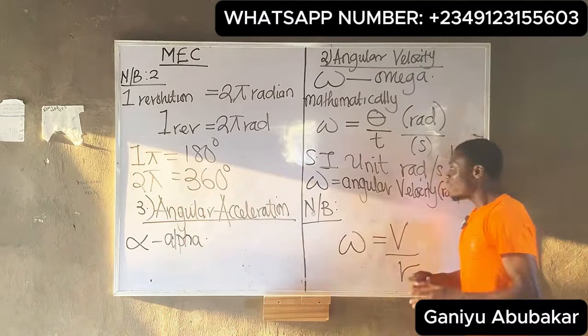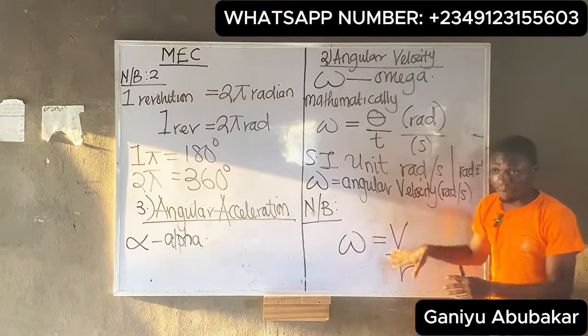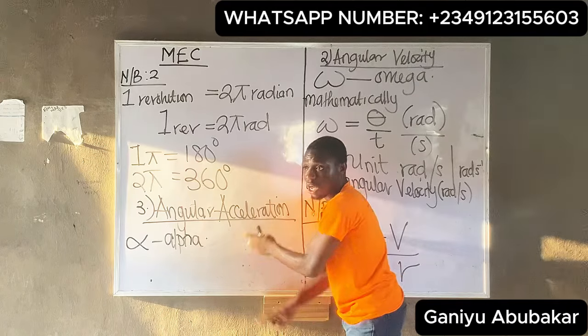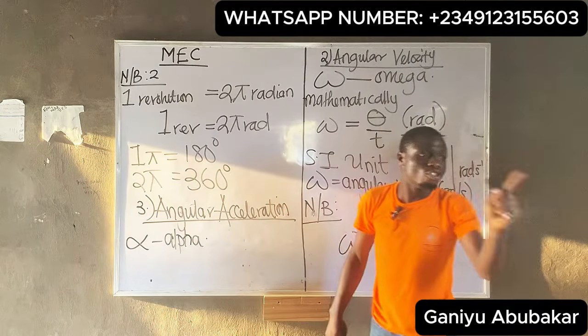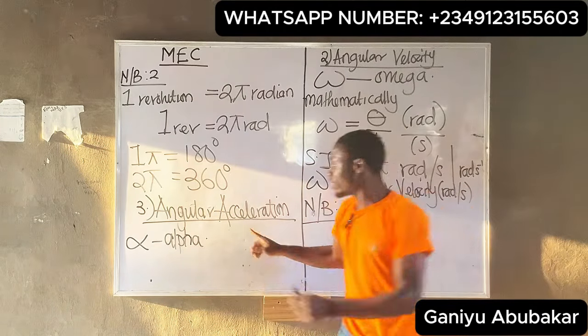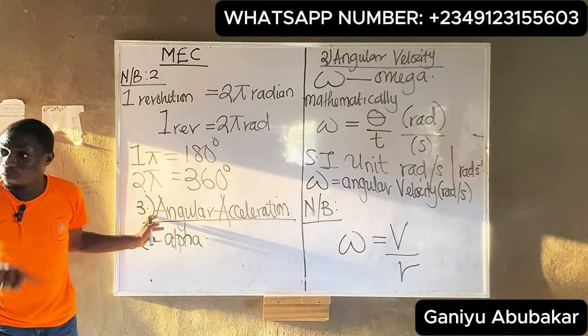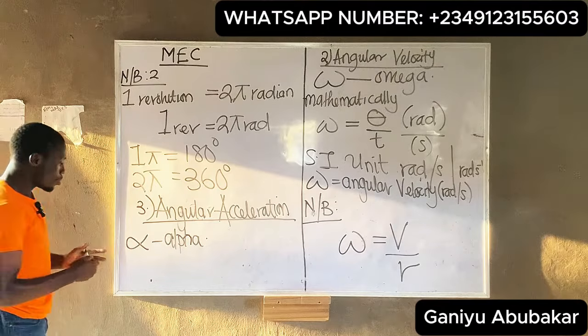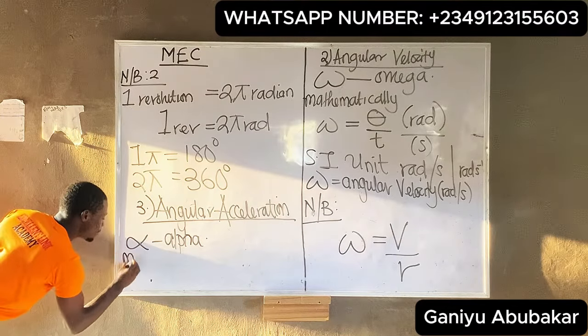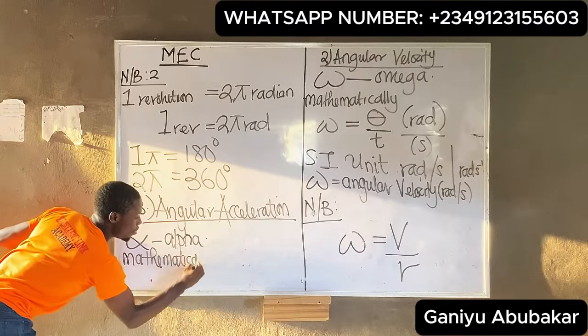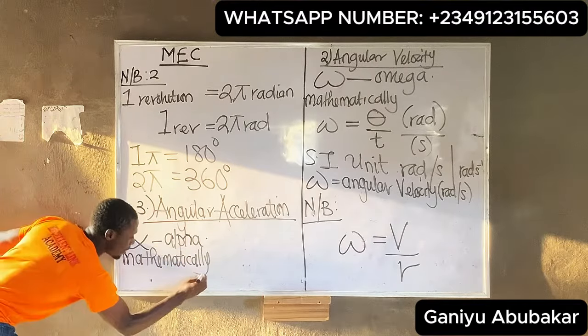For this one, I'll give you 2 formulas. How many here? 2. Now, the first one I'll give you: we said this one is the rate of change of what? Angular velocity. That gives you alpha mathematically. So what's alpha there?